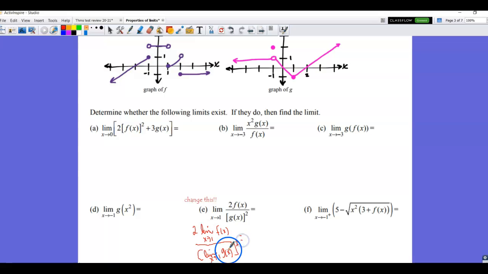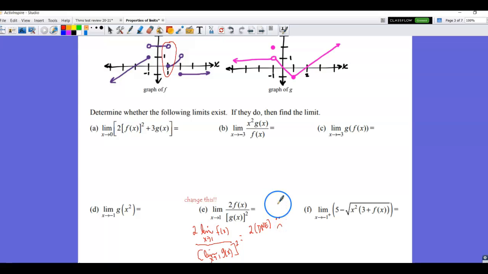All right. Now let's look at the limit as x approaches 1 on f of x, which is right here, which is a problem, because the limit as x approaches 1 of this function does not exist.